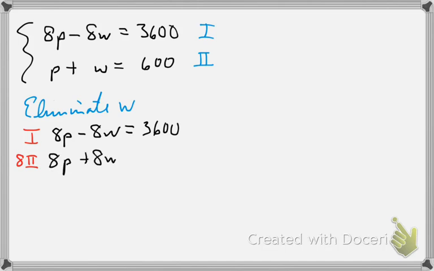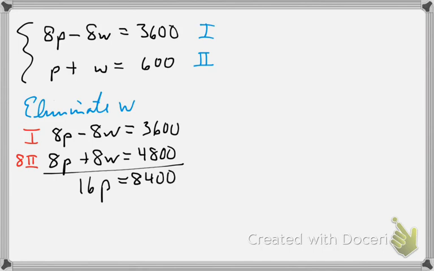P plus 8W equals 4,800. Add down, 16P equals 8,400.